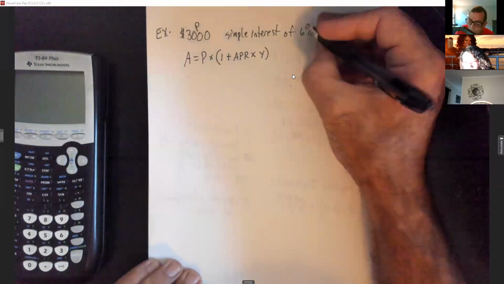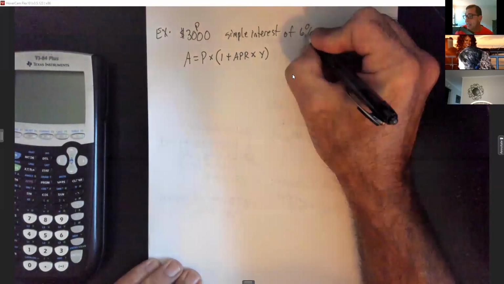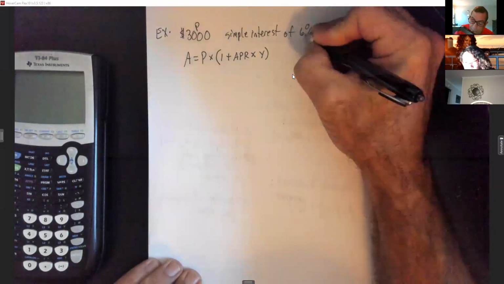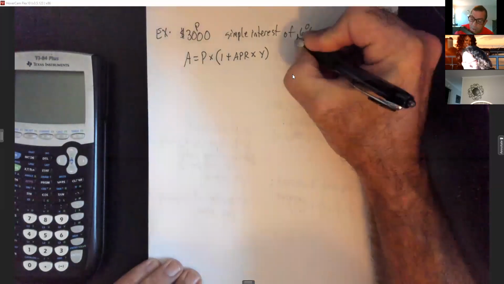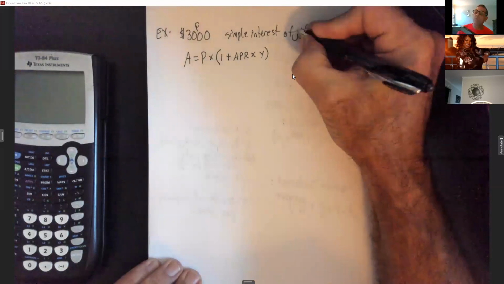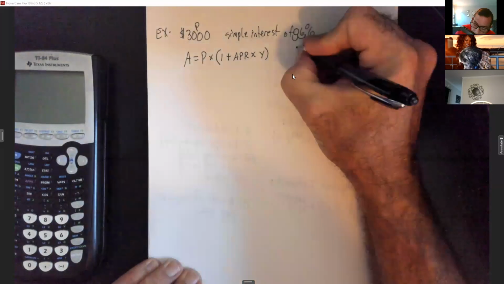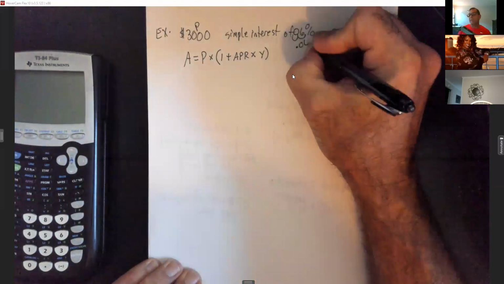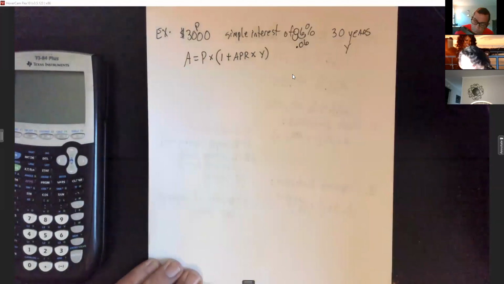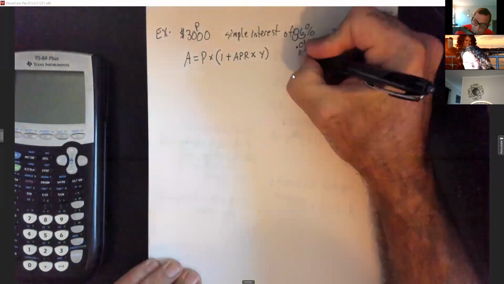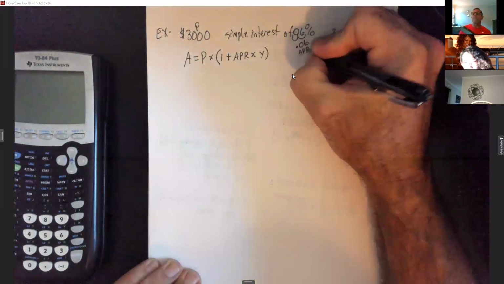So there we go, 6%, the decimal's behind the 6. So we need to move that left 2 units, which means I'm going to have to add a 0, and that's going to be a 0.06. 0.06 is my APR now, okay?